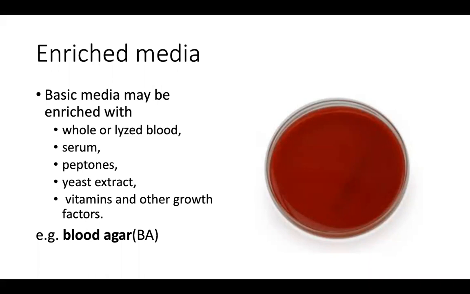It depends on your interest, but the commonest enriched medium you're going to come across will be blood agar. It is very easy to recognize because it's red, like the one to the right. During your practicals, you'll come across blood agar.